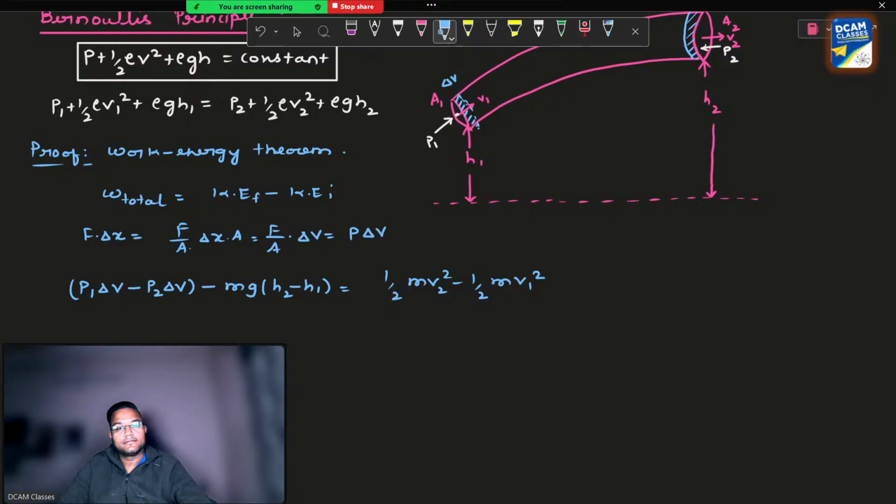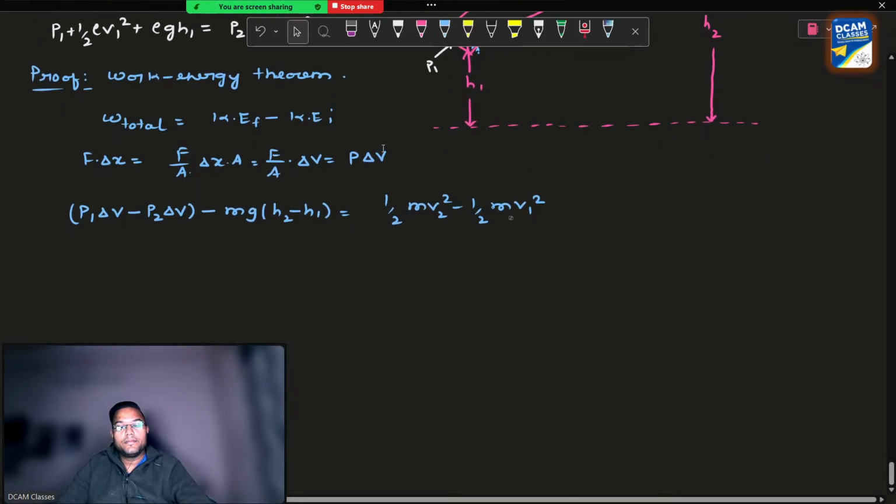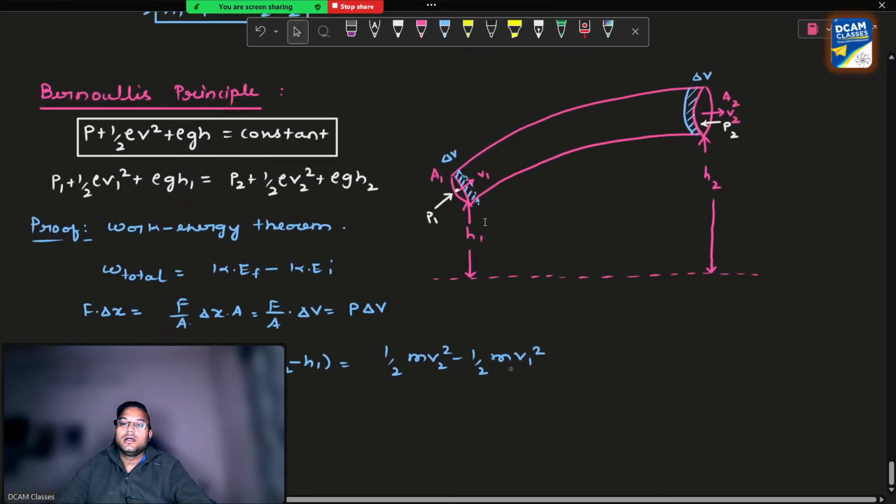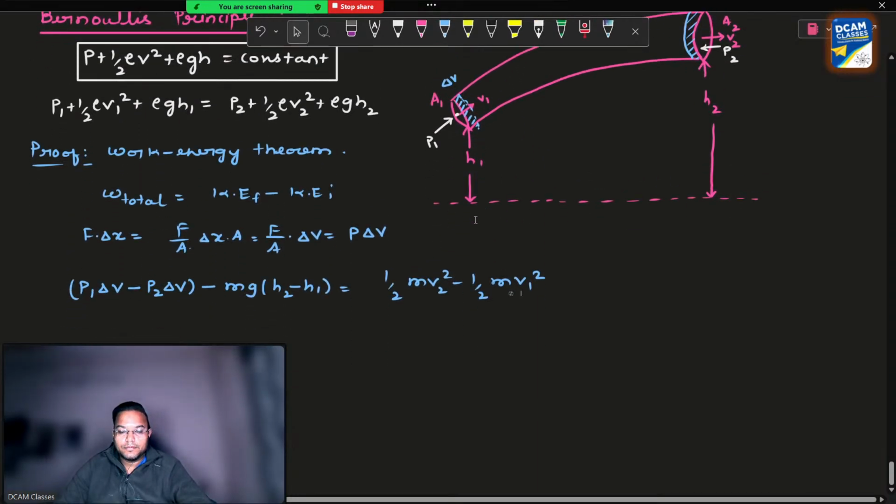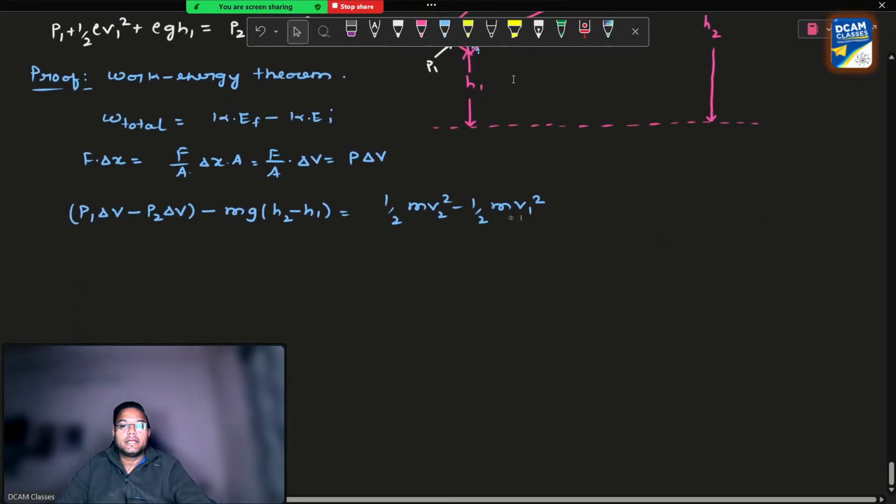Okay, now mass I can write as density into volume, rho into delta V. Delta V volume we have considered, and density into volume is the mass. Let me write it.